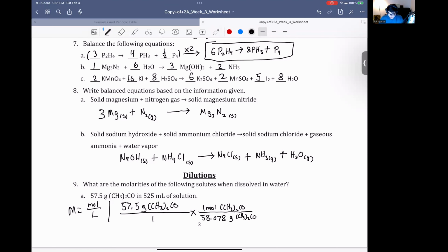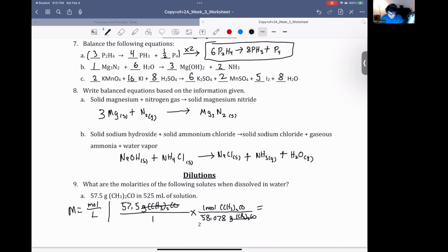And then that converts this into moles. You can go ahead and convert this into liters right now if you prefer the horizontal multiplication. I'm just going to write this out really quick for any of those who like the formula.